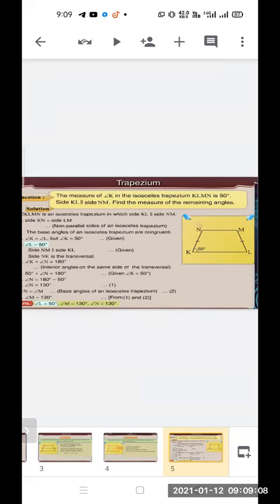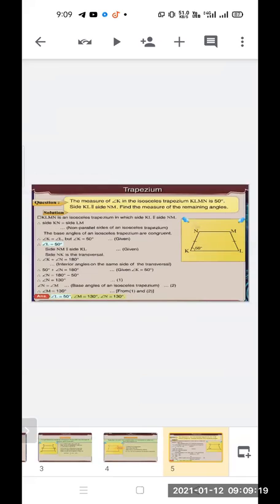What is given? Side KL parallel to side NM. We have to find the measures of the remaining angles.